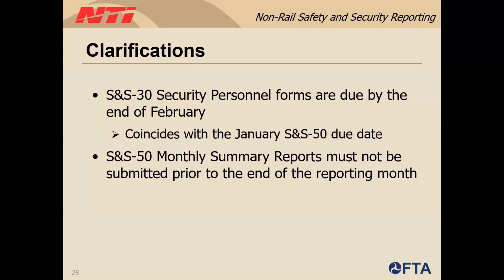However, they are now included in the policy manual. They were kind of launched mid-year. The SNS 30 security form is due by the end of February to coincide with the January SNS 50 due date. Also, as some of you may know, the monthly summary SNS 50 form must now be submitted after the end of the month, must not be submitted prior to the end of the month, excuse me.